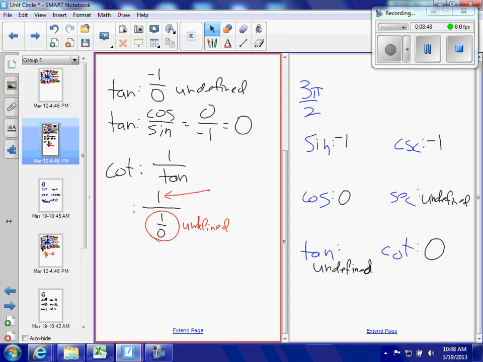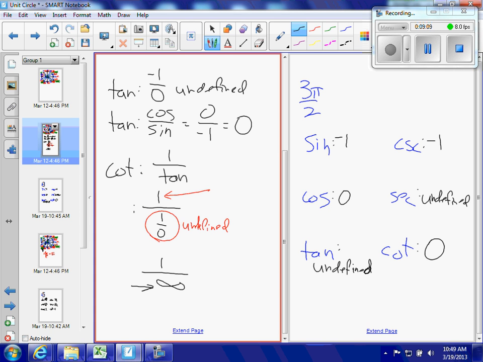But if a number is undefined, it means that as x gets bigger, the value approaches infinity. So if I have 1 over a number that is approaching infinity, infinity doesn't really exist as a number.